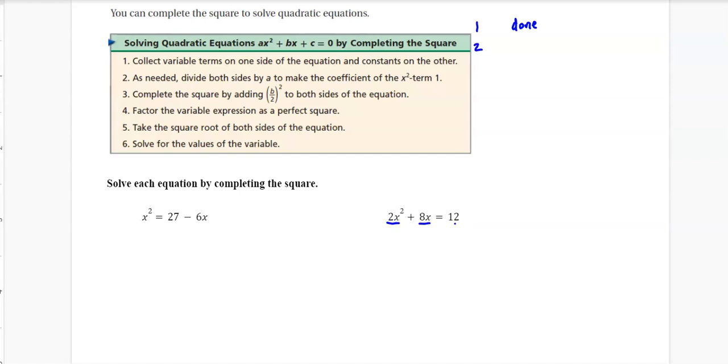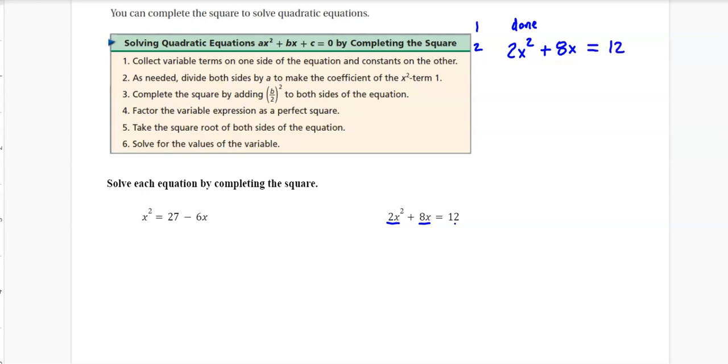Step 2 says, divide both sides by a to make sure that we have an x squared term. Right now I have this equation. You can't complete the square until your x squared term is a 1.